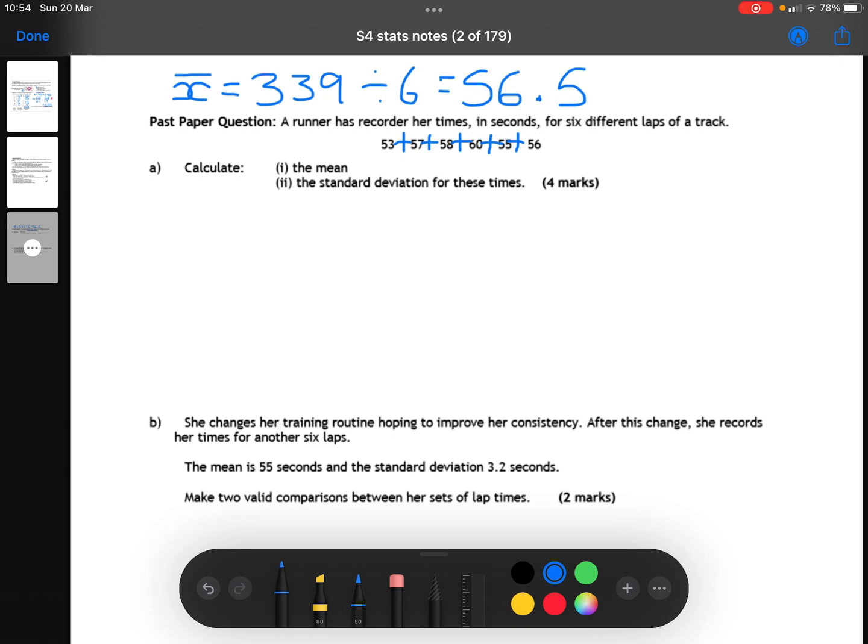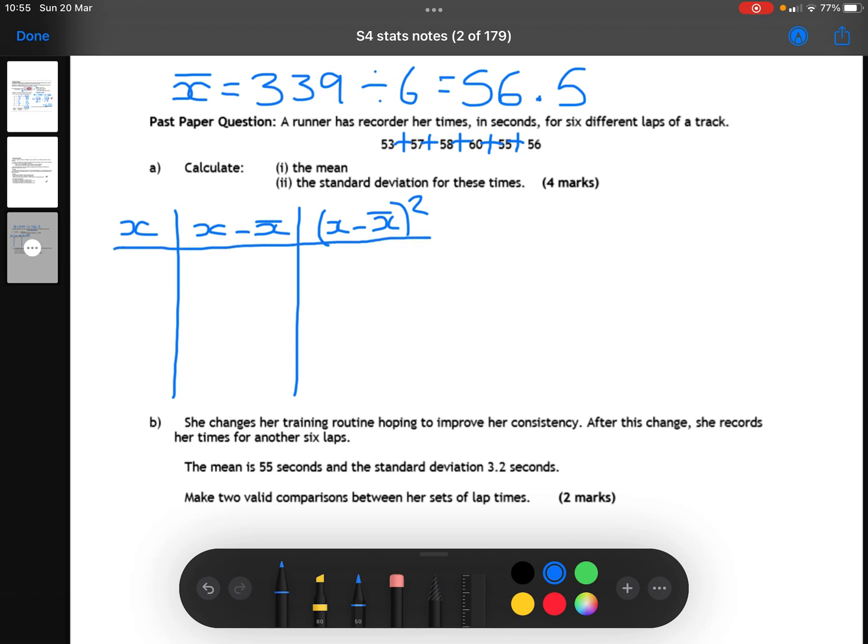The next step then, we will create the table that was given to us in the last question. So we've got our values for X. In the middle we have X minus X bar, and our third column is X minus X bar all squared. Okay, so we create that table each time, as that will help us then get the value we need to substitute into the formula.